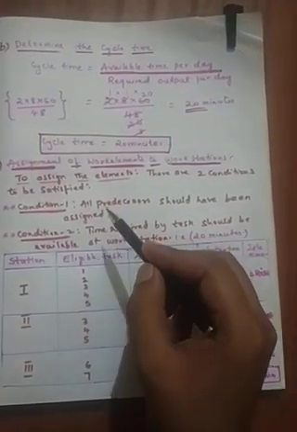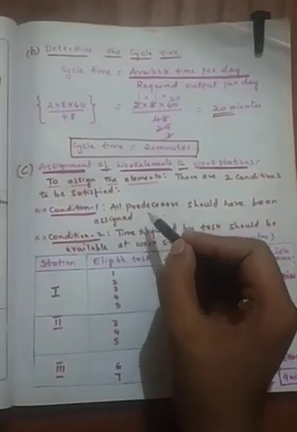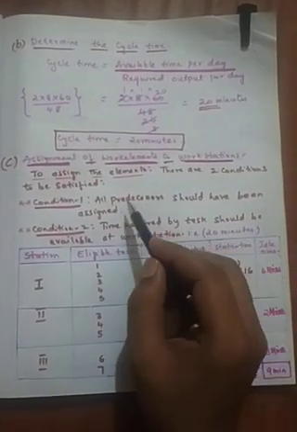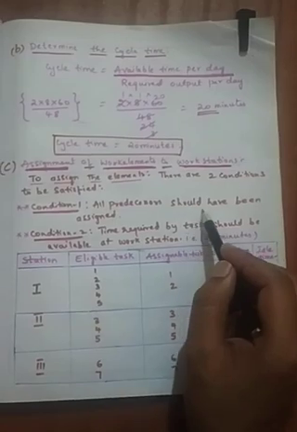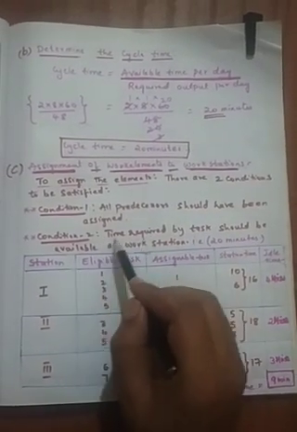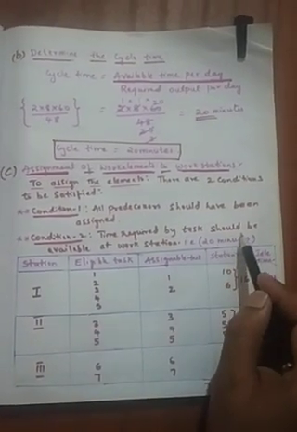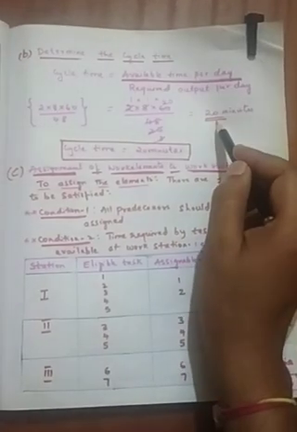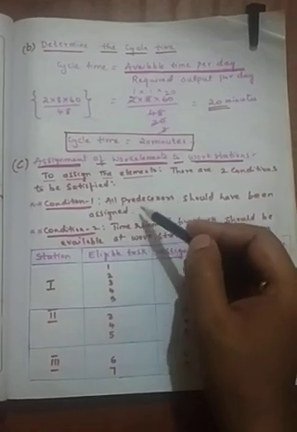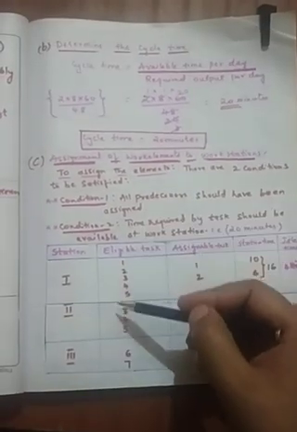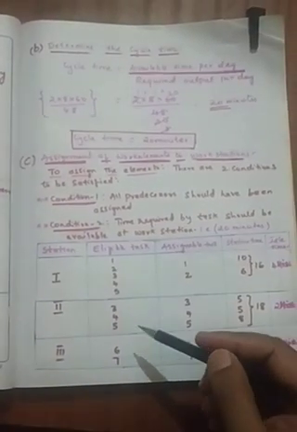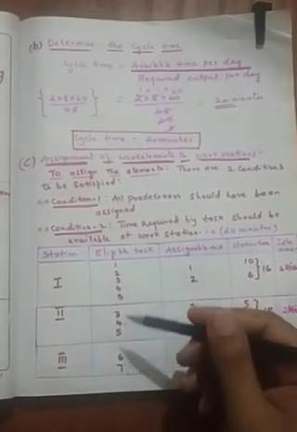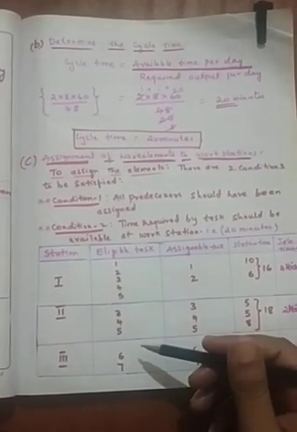It is not an OR condition. Both the conditions have to be satisfied. The first condition is all the predecessors should have been assigned, and the second one is time required by task should be available at workstation. So what is the time which we got? 20 minutes. So these 2 conditions are to be satisfied. Let us see how these conditions are worked out in assigning the work elements to the workstations.